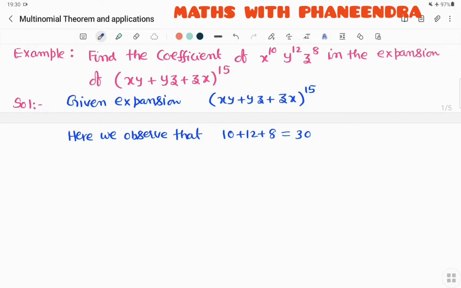So here the expansion is whole power, n value is 15 only.